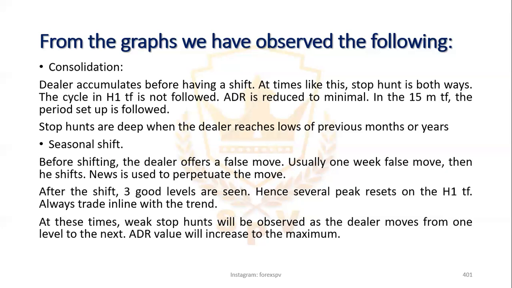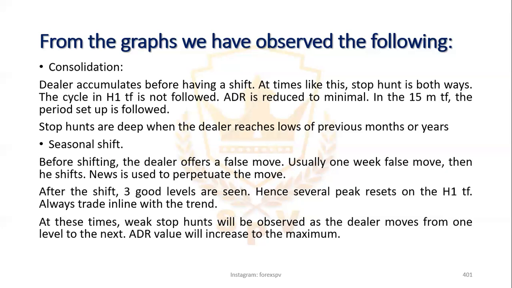And then after having the seasonal consolidation, we observed that after the market has a consolidation, we have what we call a seasonal shift. And before the dealer shifts, usually the dealer offers a false move, usually 1 week false move. Then you find the market shifting direction.